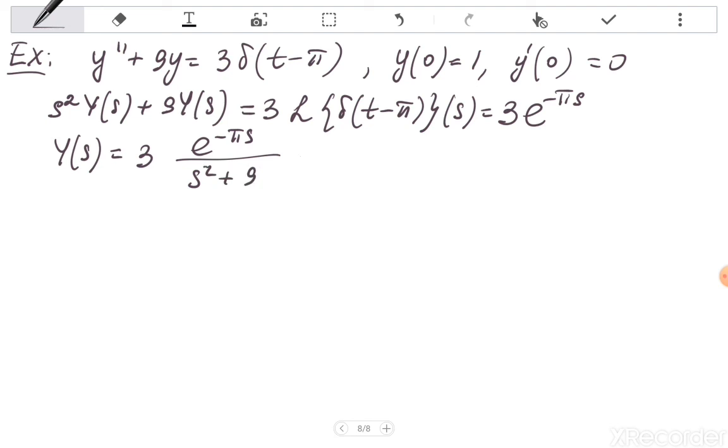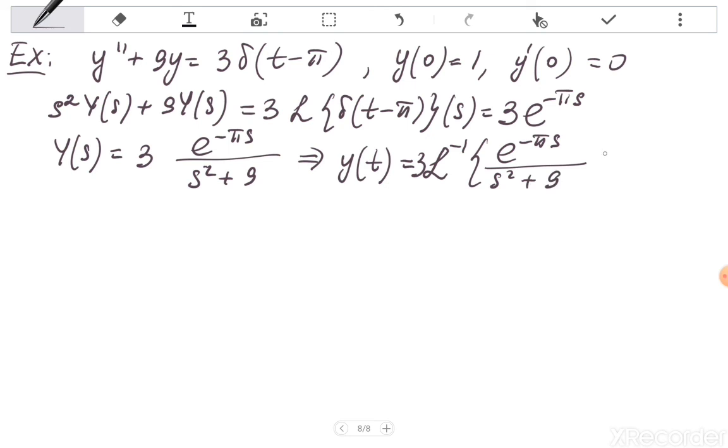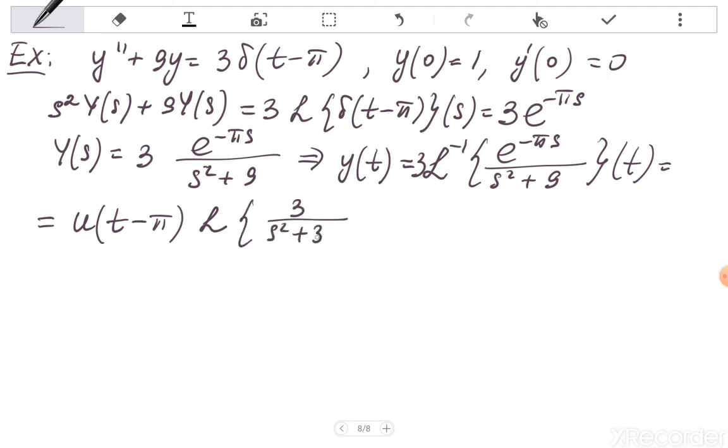And now we apply the inverse Laplace transform to get y of t. So this is the inverse Laplace transform of this function. And this is in fact, using the translation property, u(t minus pi) times the inverse Laplace transform of the function 3 over s squared plus 3 squared at the point t minus pi.